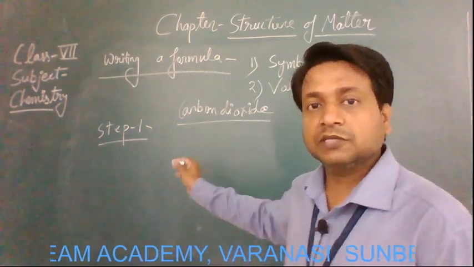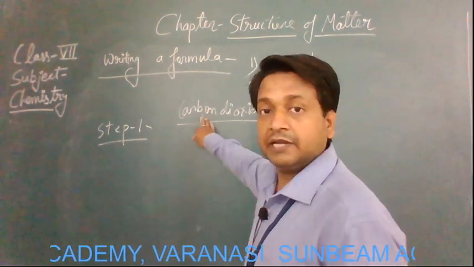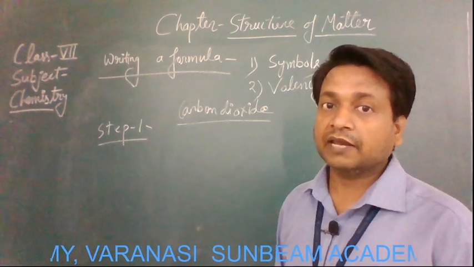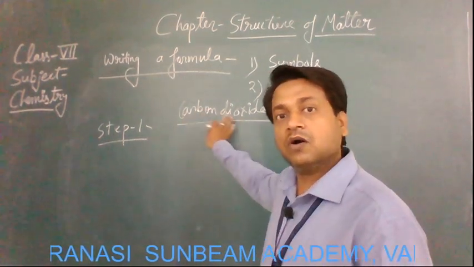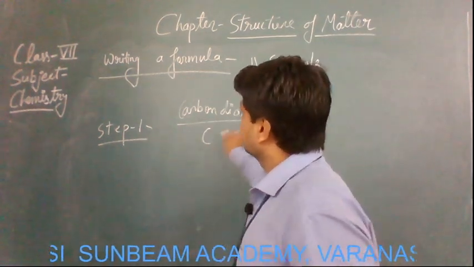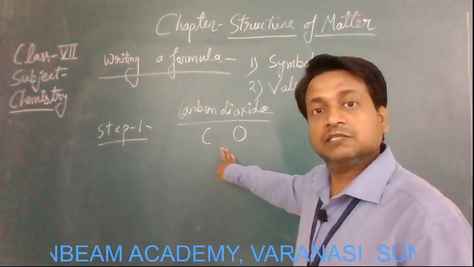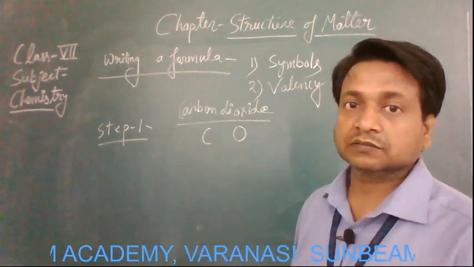In the first step, we write the symbols of the elements present in carbon dioxide. You know very well that in carbon dioxide, the two elements carbon and oxygen are present. So write them. C is the symbol of carbon and O is the symbol of oxygen.